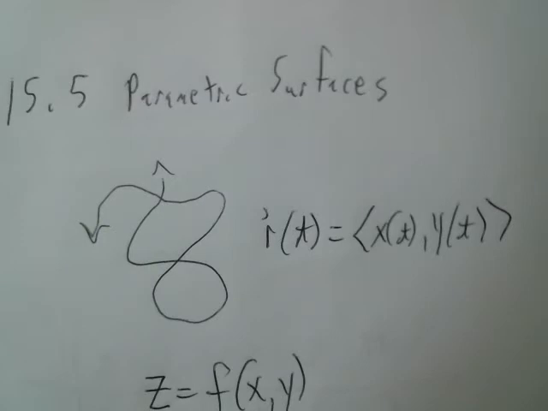But the book is nice enough to usually give you a summary of the integrals at the end of the section. 15.6, I guess, probably has a pretty good summary of integrals if you look in there. So anyways, without further ado, let's take a look at some of these parametric surfaces now in 15.5.